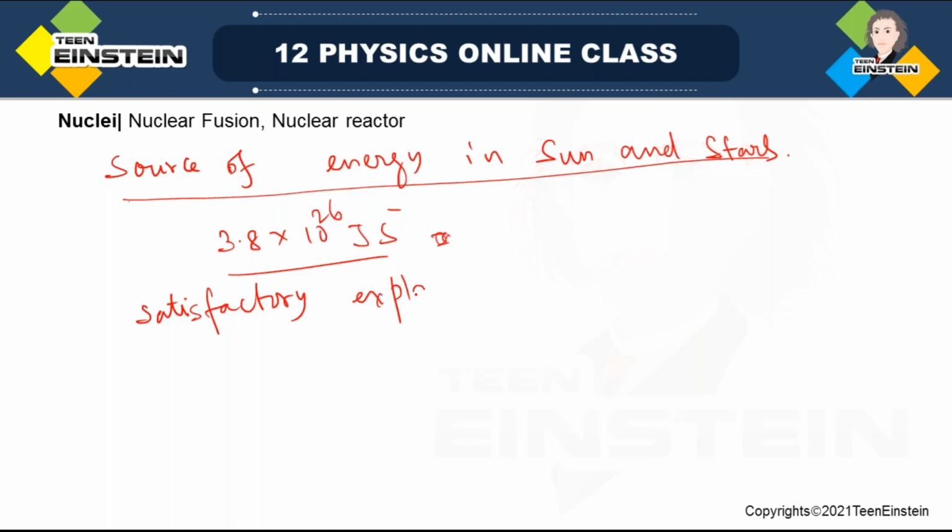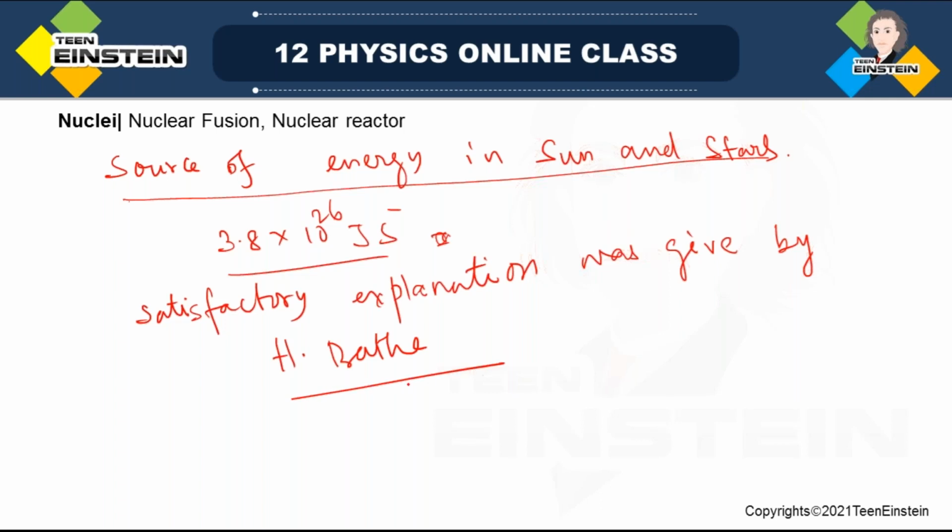So the explanation for what? How sun and all the stars are radiating energy for billions of years without cooling off. So what is the reason behind that? That is the thing Bethe had explained.